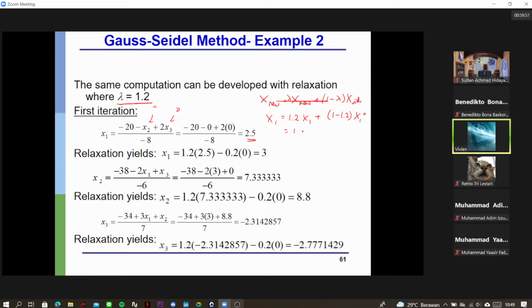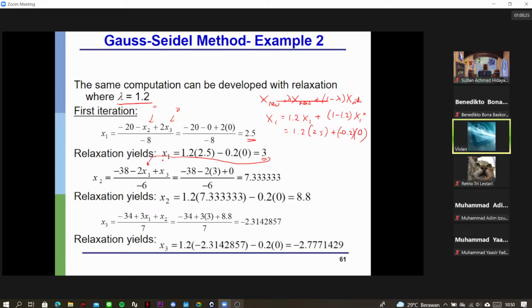So we have 1.2 times 2.5 plus minus 0.2 times the old value of x1, which is 0, the initial value. So here we have 3. Now that we have calculated the new value, we can use it as before, as the regular calculation.